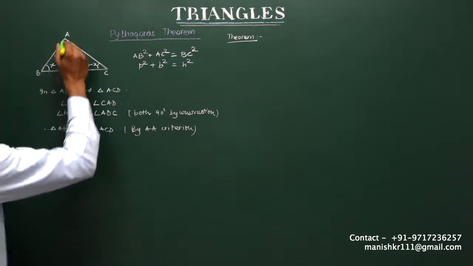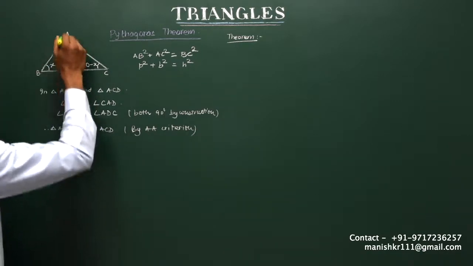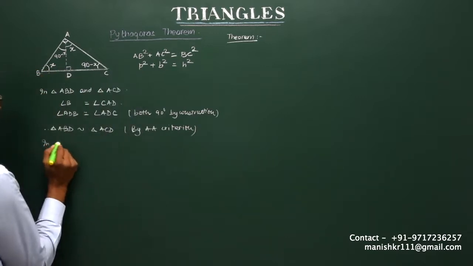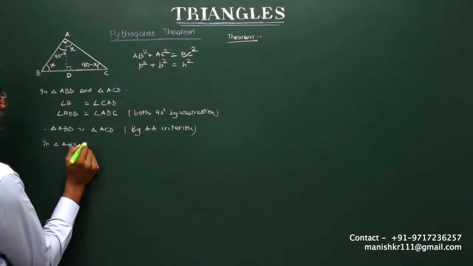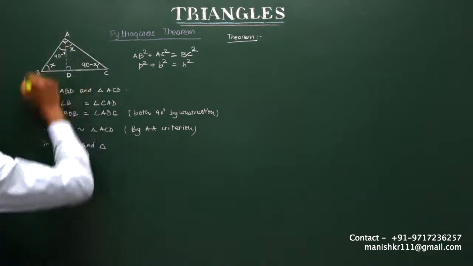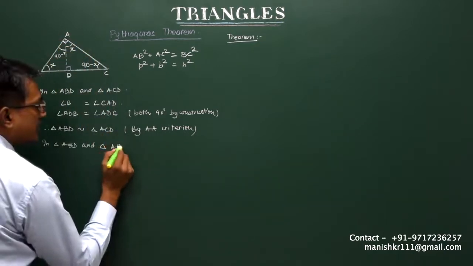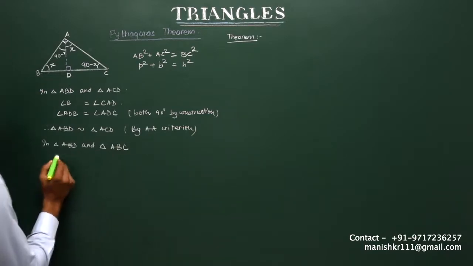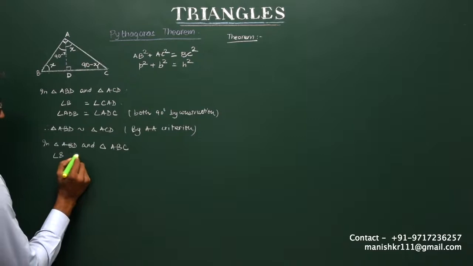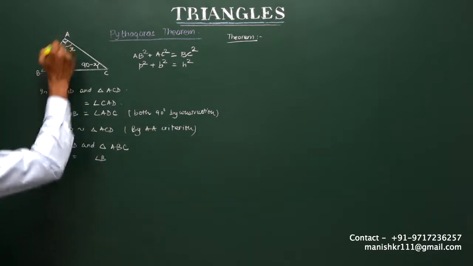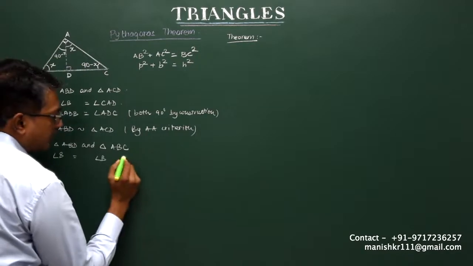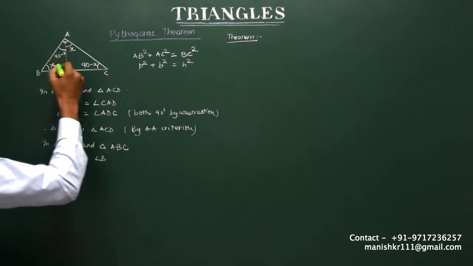right? Now let us try to see what happens if I take this small triangle and the original bigger triangle. So in triangle ABD and triangle obviously ABC, okay, what happens? So obviously angle B is equal to angle B, because angle B belongs to ABD as well as ABC, so they are equal, okay. Now what?